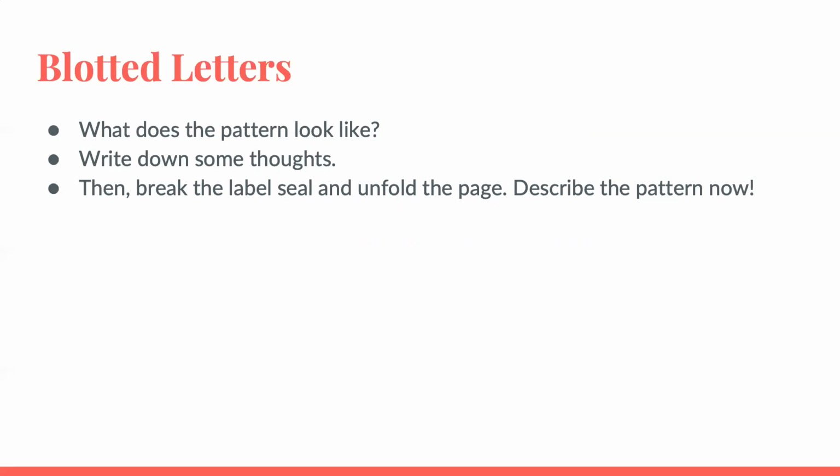Now what we want to do is break the seal on the side, right? So now you want to unfold this sheet. Break the seal, and you will see another picture that is exactly the same as the one above, only slightly modified. Now I want you to ask yourself the question again: what do I see over here?